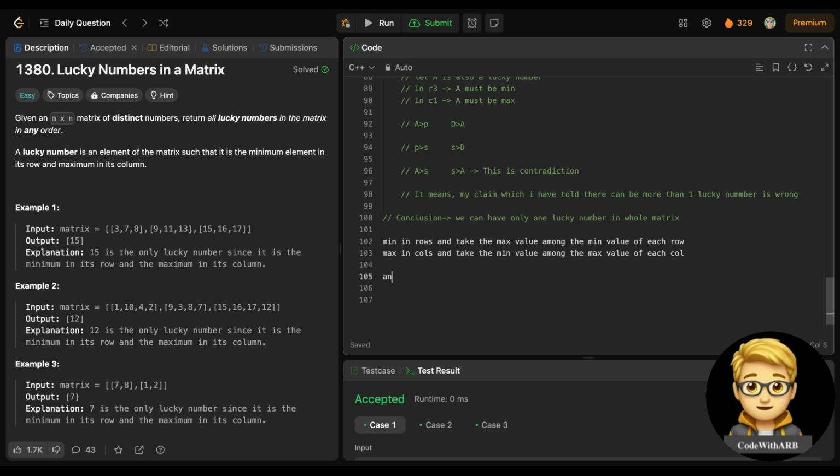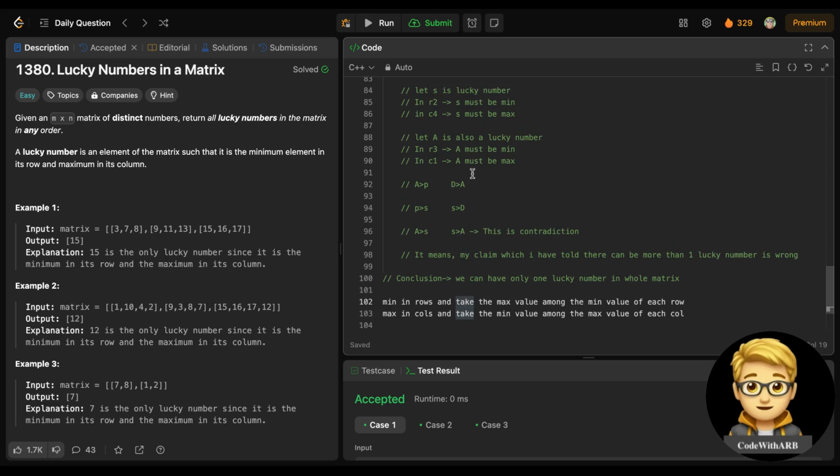And if both are the same value, it means that is a lucky number, right? And how am I deducing it? Because we need to find the minimum in the row, but it should also be maximum in the particular column.